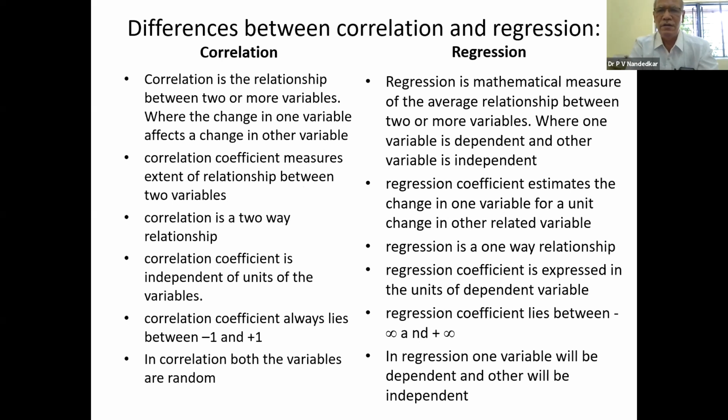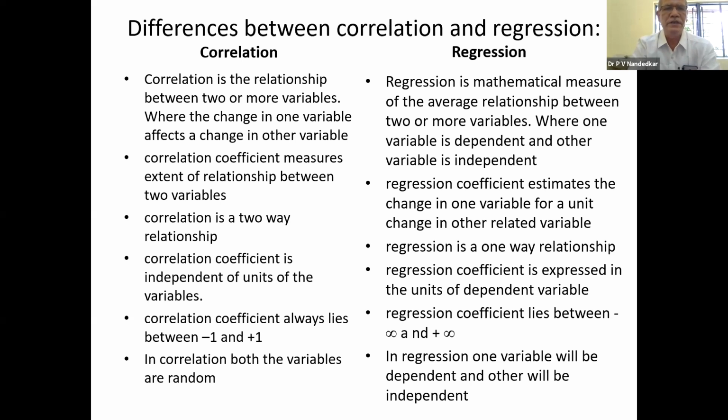Now, let us try to compare what exactly is the difference between correlation and regression. Correlation is simply a type of relationship between two variables, whereas regression is not simply a relationship. It has the additional ability of one variable being independent and the other being dependent. That is different from correlation, which is a simple association.